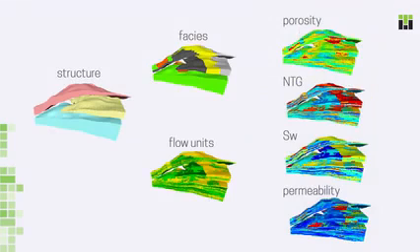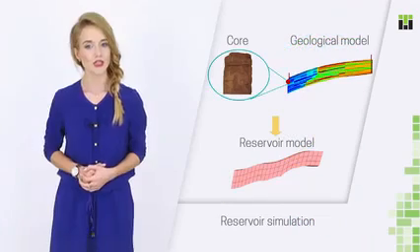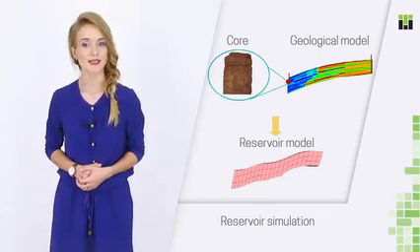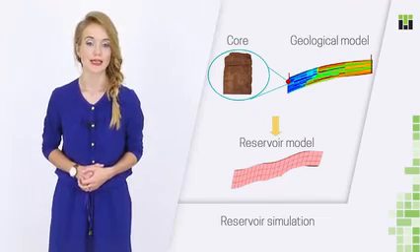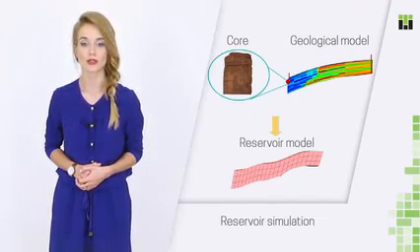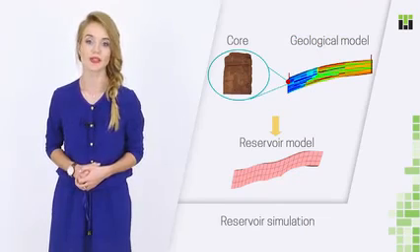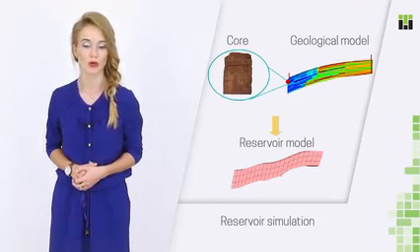A geological model also accounts for uncertainties that are unavoidable if we want to build a realistic model of an existing geological setting. Each stage of field exploration is associated with uncertainty. Direct information on the reservoir is available only from cores, which unfortunately represent a very small volume of rock.